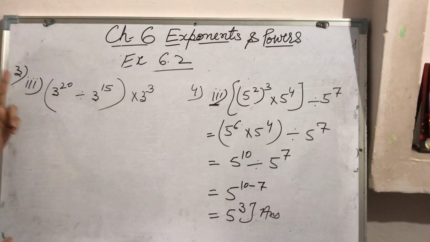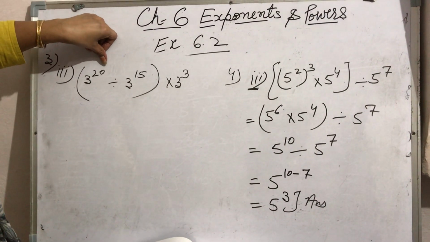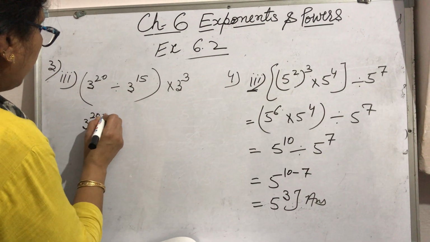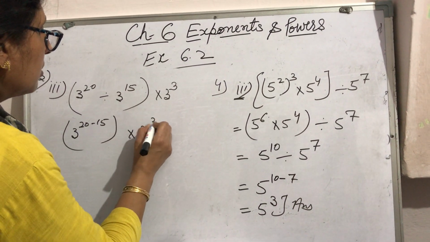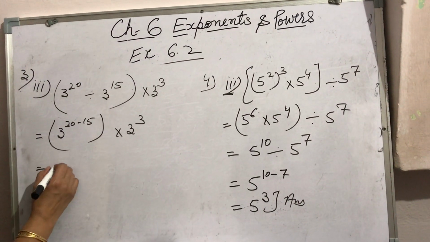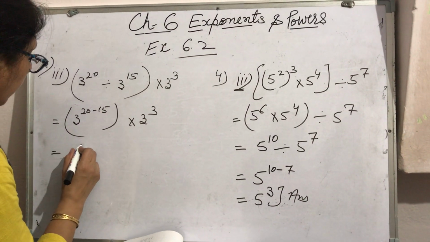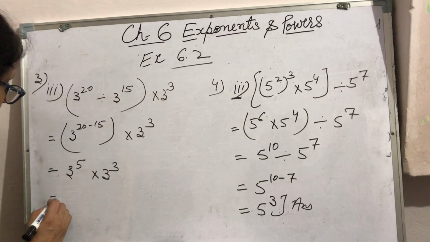While subtracting, already I have told, power of dividend minus power of divisor. So 3 raised to power 20 minus 15, 3 raised to power 3. 3 raised to power 20 minus 15, this will be 5, multiply 3 raised to power 3.